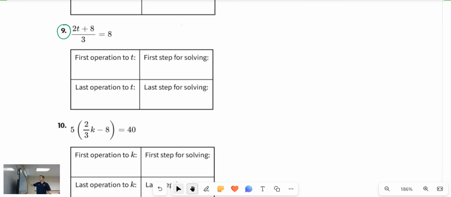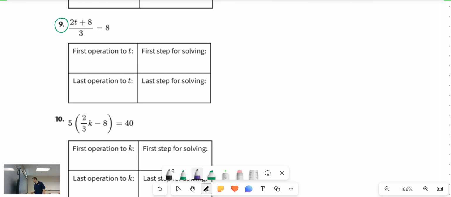Moving on. Let's do number 9. We're not going to bother with the check this time. We're just going to make sure that we have the operations correct. So the first operation that we would perform to t, we're using the variable t now. Well, right next to it is a 2, which means we're multiplying by 2.